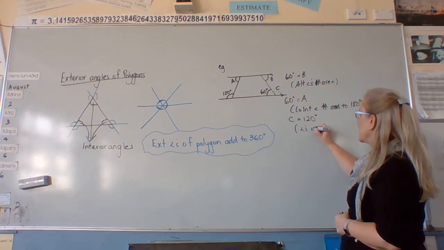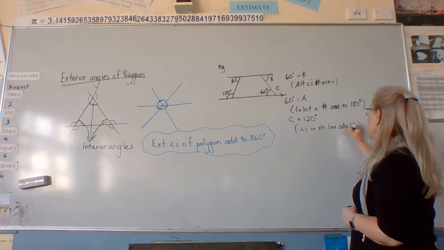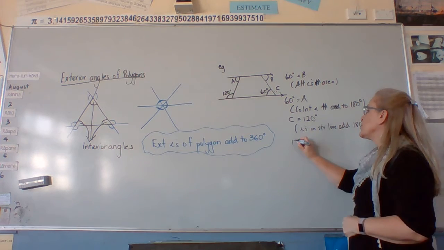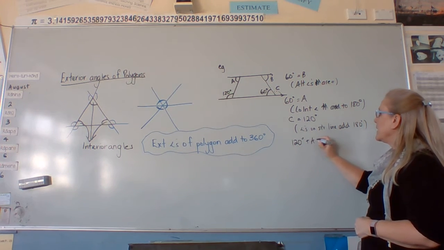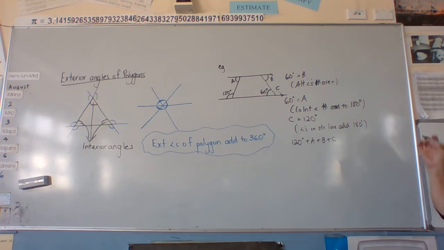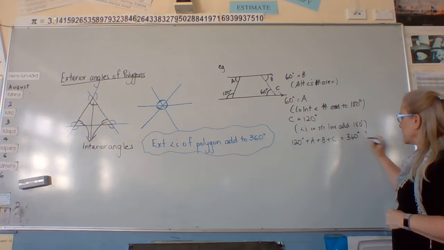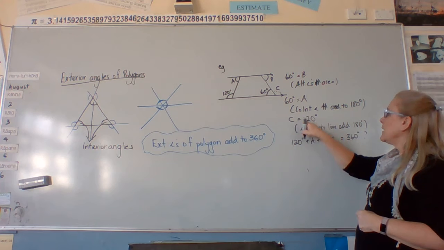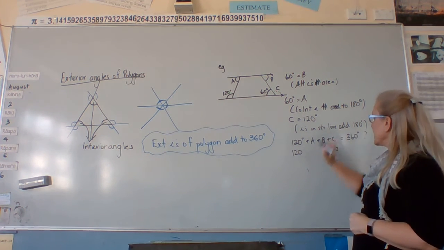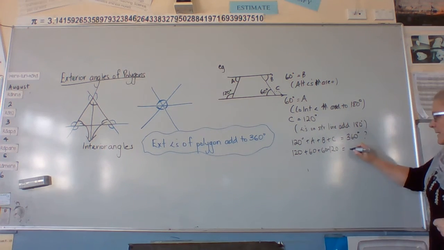I would have used angles on a straight line because that's very obvious to me. But that's good. You're quite right. Okay. So now 120 and A and B and C. So one exterior angle from each vertex corner has to add up to 360, does it? Well, put 120 and 120 for C and 60 and 60. It's 360. Yes, it does.